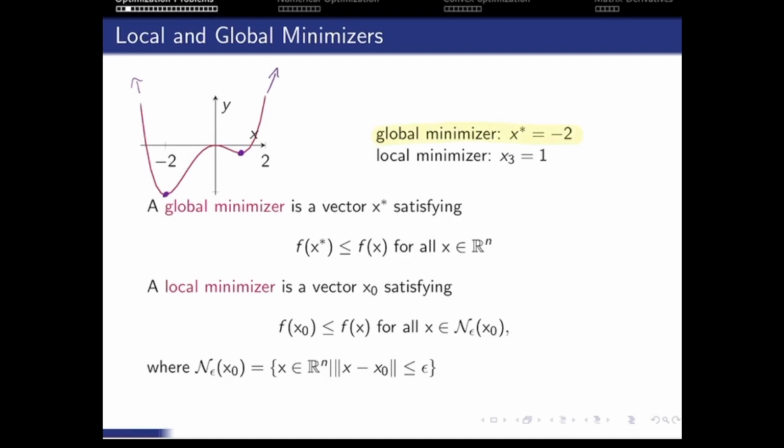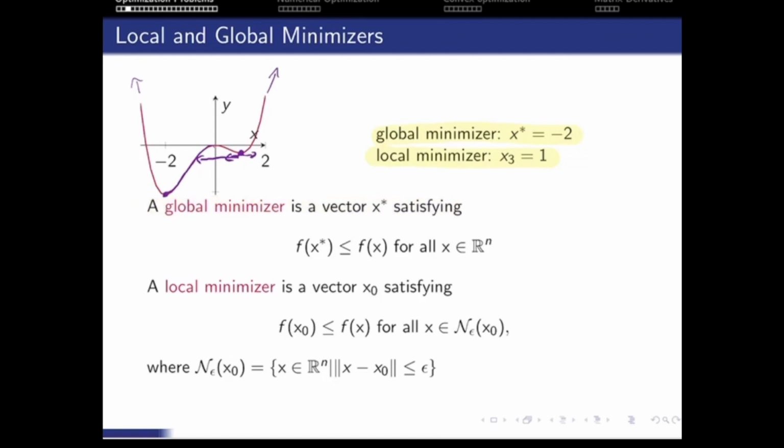The function attains its smallest value at this point. And the point on the right, x3 equal to 1, is the local minimizer. If you go from x3 a bit to the left and to the right, then you see that the function value is increasing. But if you go further to the left, then you see that the function value is decreasing again, and hence it's only a local minimizer.